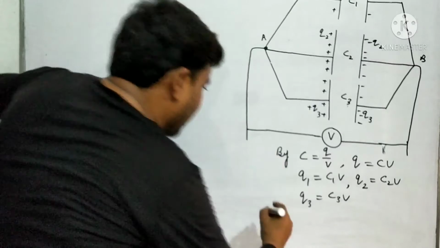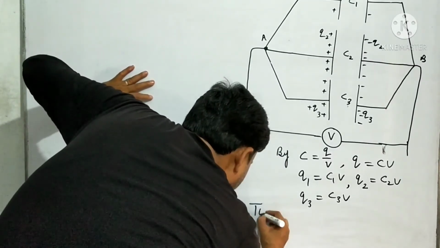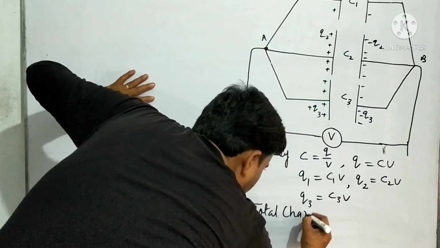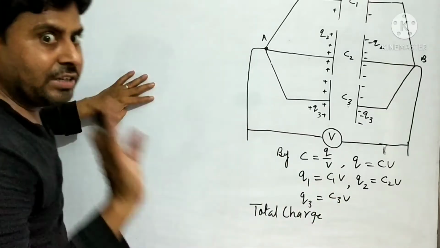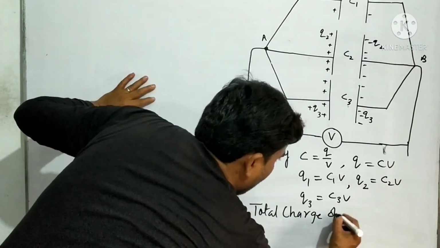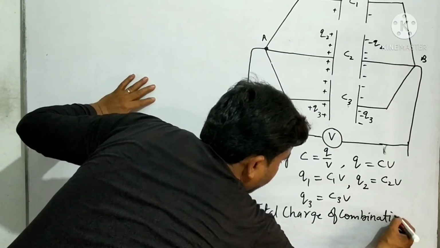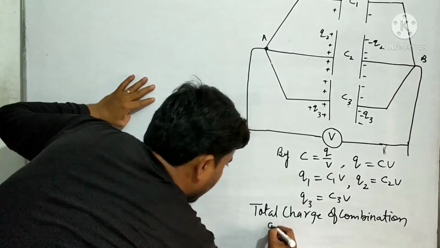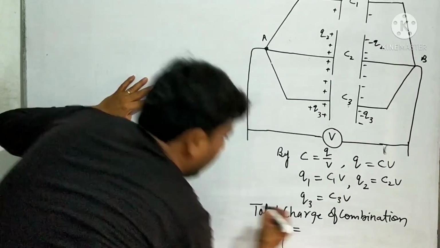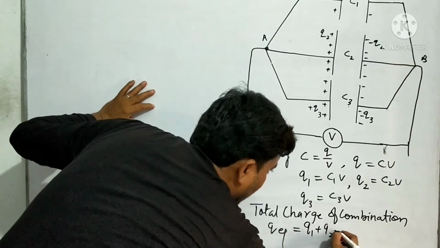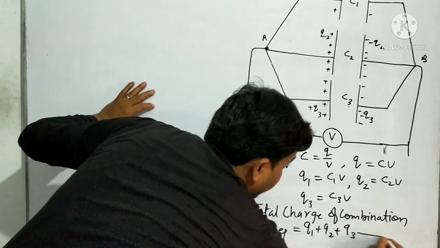So the total charge on the combination, or equivalent charge, Q equivalent equals Q1 plus Q2 plus Q3.